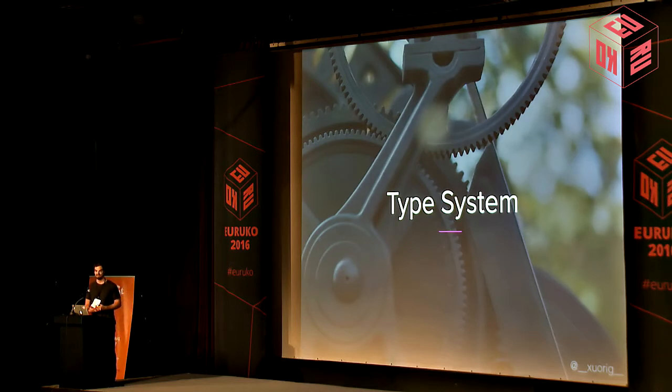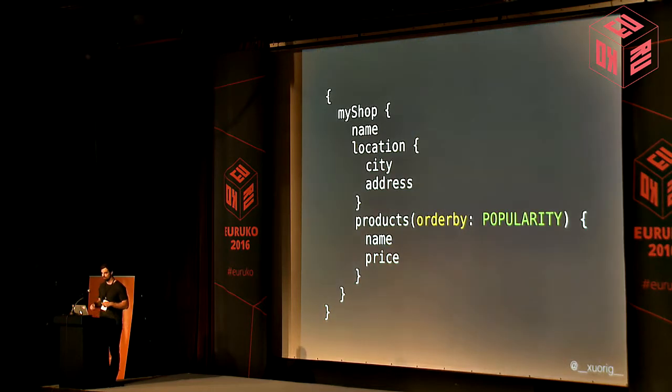And all that's possible. How could a GraphQL server know that my query here was valid and that it could respond to me? That's possible because of the type system. At the core of GraphQL is a really powerful static type system that allows you to define exactly what's possible. So let's walk through that query and see how the type system applies.